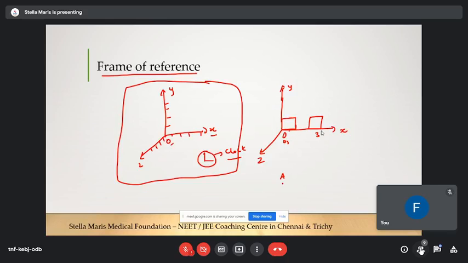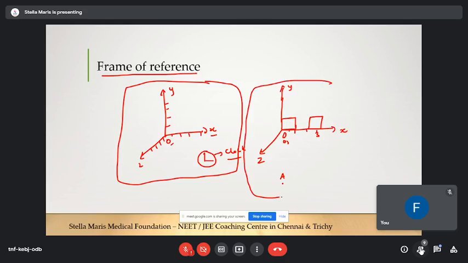Any guesses? Come on, this concept is very important for JEE and NEET. Come on, who's the frame of reference here? Sir, is it me, sir?